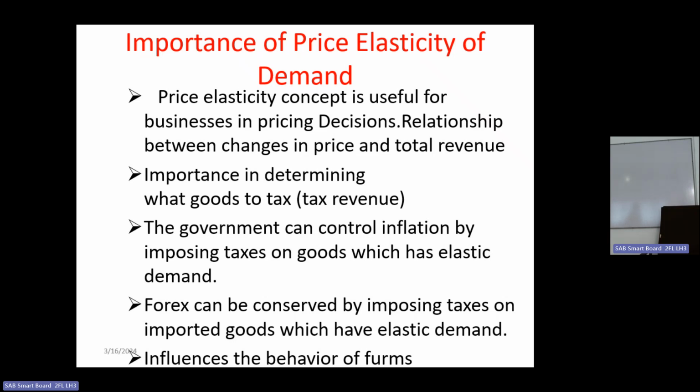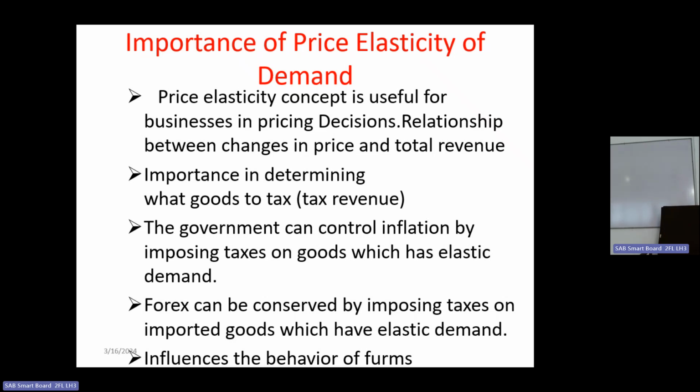Now the government can impose taxes on goods, right? If they are importing goods, what happens? If there is elastic demand, normally when there is a tax the price increases.